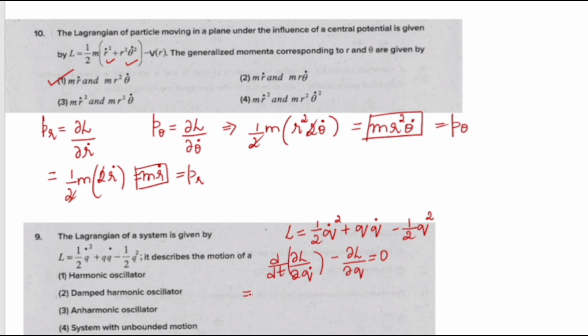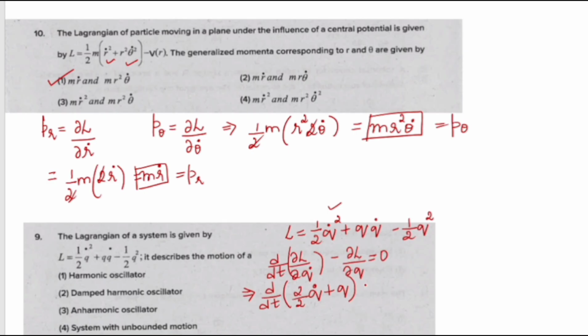On substituting, this is a complete total derivative, and the partial derivative of L with respect to q dot will be 2 divided by 2 q dot. In the first term also we have q dot, and here the partial derivative is with q constant. The partial derivative of q dot is 1.